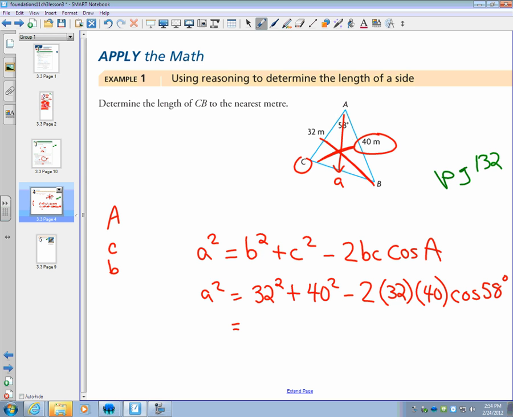So in your calculator, I want you to type 32 squared plus 40 squared minus, and now we're going to do some brackets, minus bracket 2 times, oh, I messed up already. 32 squared plus 40 squared minus 2 times 32 times 40 times 58 cos, equals.